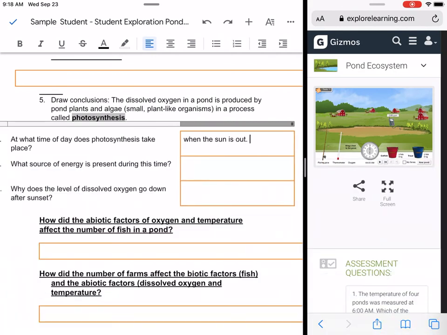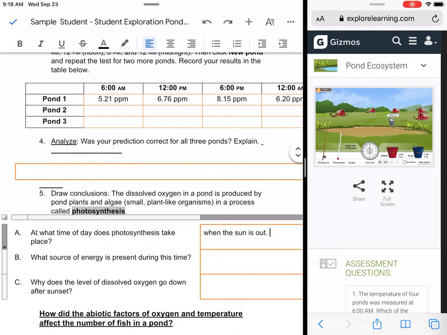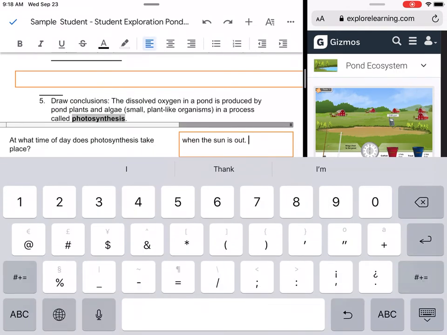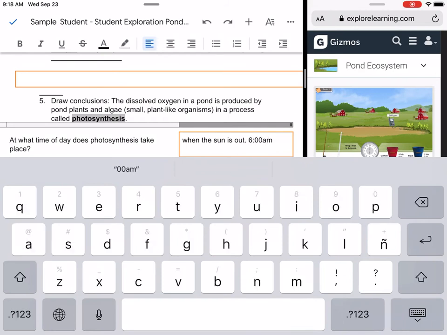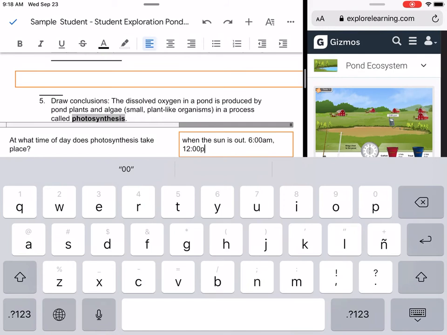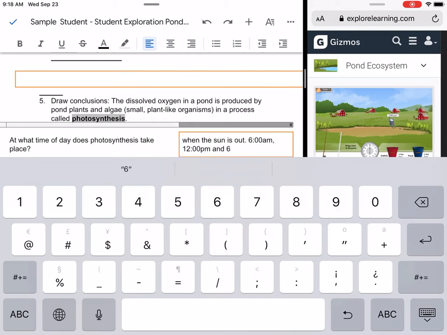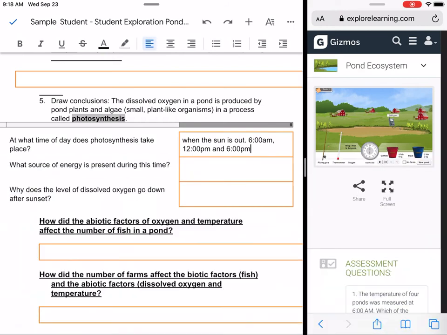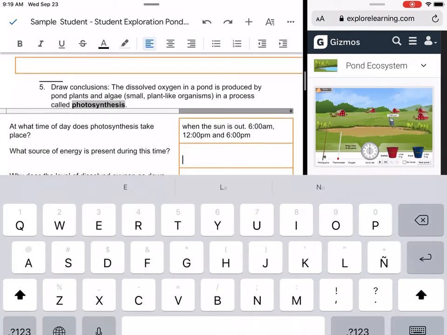So what time of day is the sun out? Well, it looks like it's 6 a.m., noon, and 6 p.m. So we can type that in. 6 a.m., 12 p.m., and 6 p.m. What is the source of energy present during this time?